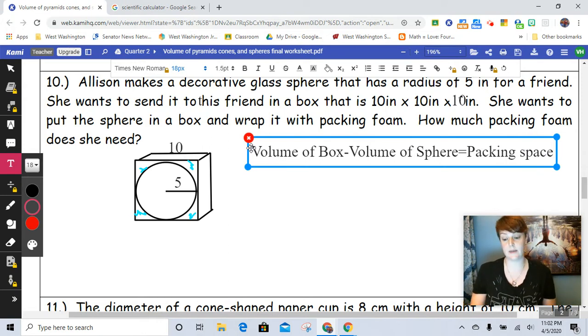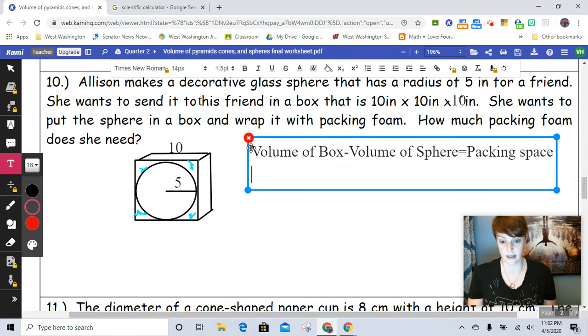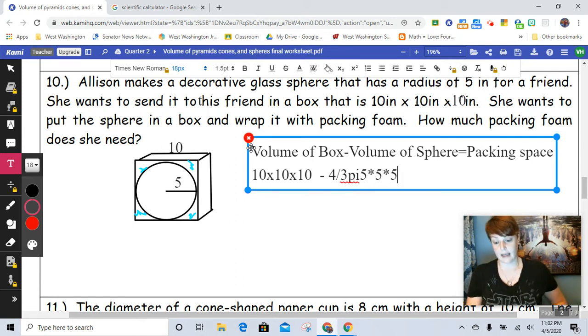And so that's the empty space that's going to be filled with packing peanuts. The volume of the box is going to be 10 times 10 times 10 because it's a rectangular prism, length times width times height. Then we're going to subtract the volume of the sphere, which is 4/3 pi r cubed, where r is 5, so 5 cubed. That means 5 times 5 times 5. And then that's going to give us the space that is packing peanuts.